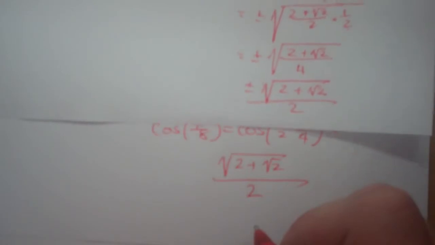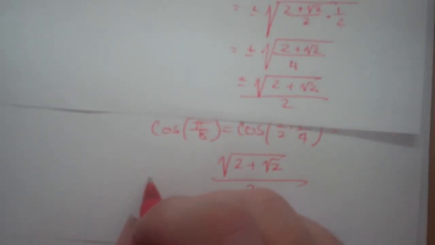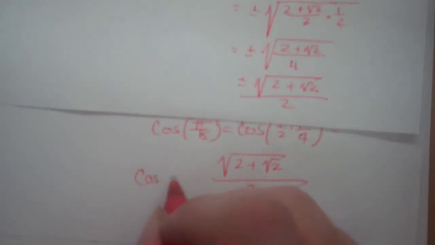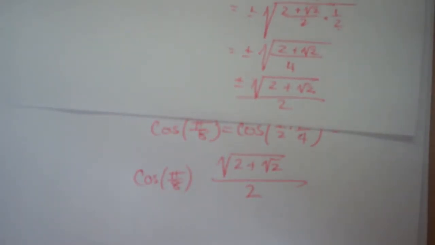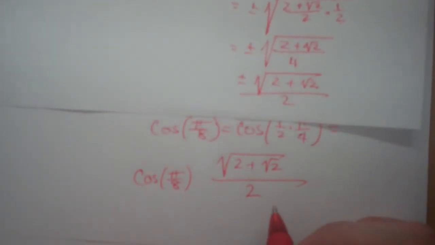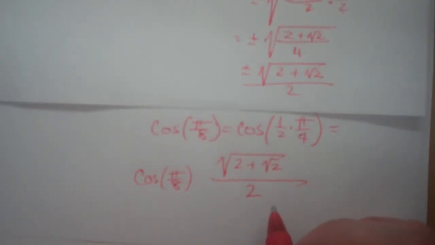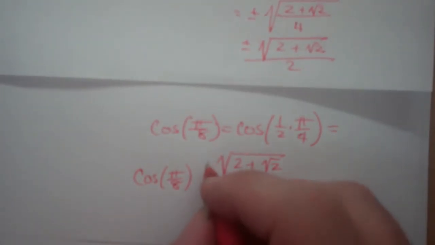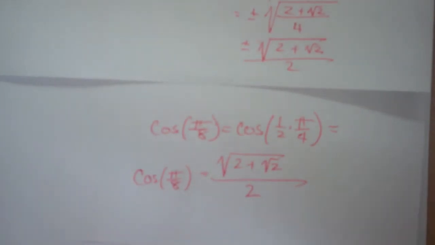Yep. And there we have it. So this is the cosine of pi over 8. This can't be simplified much more. Not really. So this is equal to radical 2 plus radical 2, over 2.